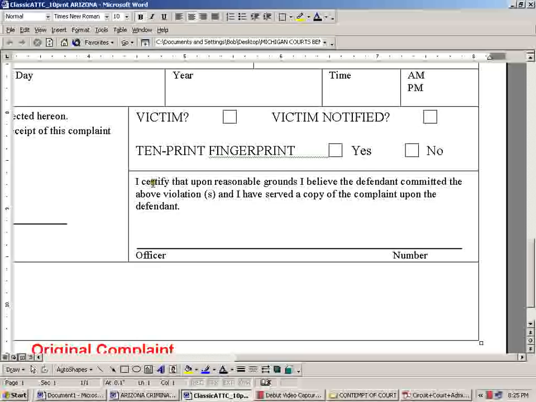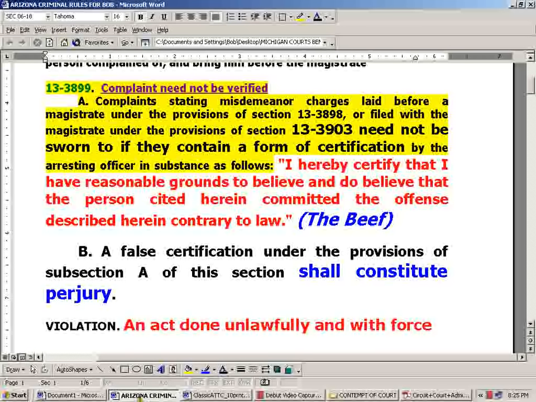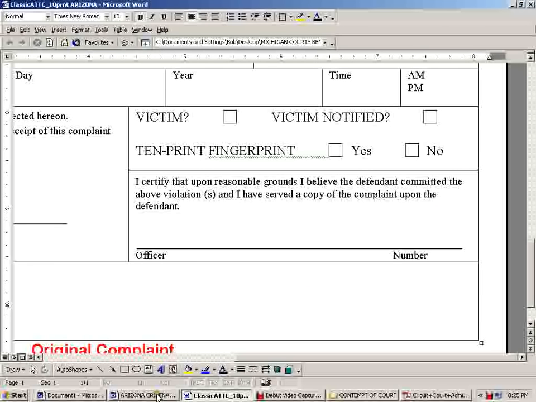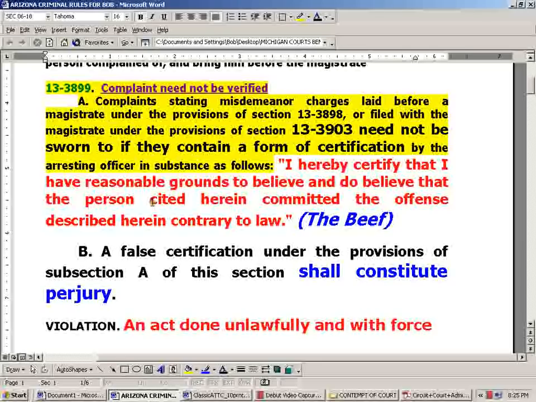Now this says, I certify upon reasonable grounds I believe the defendant committed the above violations. I hereby certify that I have reasonable grounds to believe that, and do believe that the person cited herein committed yada yada. I certify upon reasonable grounds the above violations, and I have served a copy of the complaint upon the defendant committed the offense described herein contrary to law.